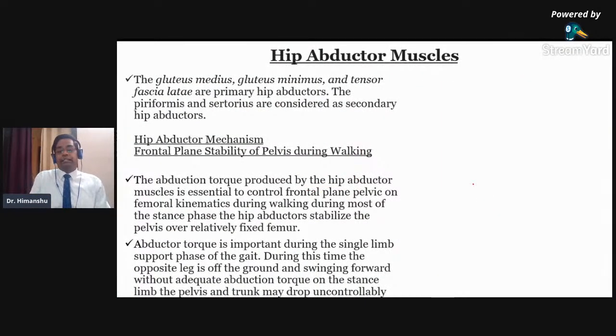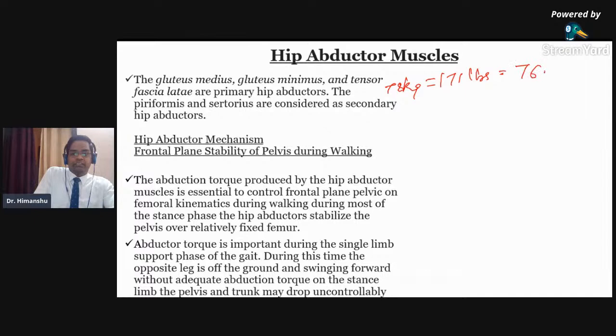Okay, so let us consider another fact. Suppose I am a 78 kg man. Now the 78 kg man would be somewhere around 171 pounds, which is equal to around 760.6 Newton. Okay, so that would be my weight.